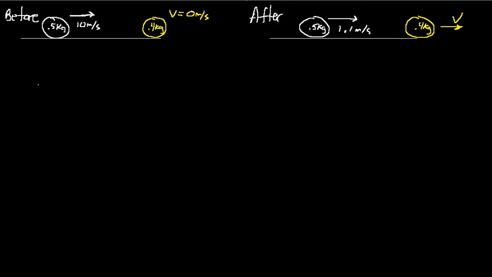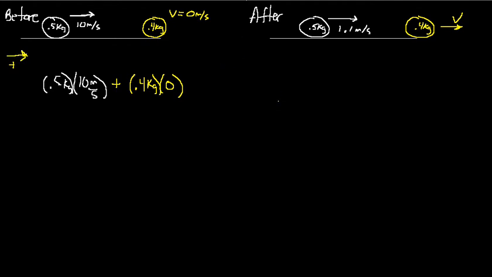The total momentum before is the momentum of the white object, which is 0.5 kilogram times its velocity, 10 meters per second, and we have 0.4 kilograms times its velocity, which is 0. I'm going to say let this direction be positive.